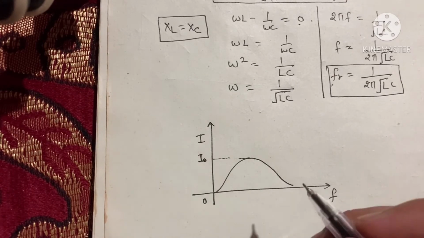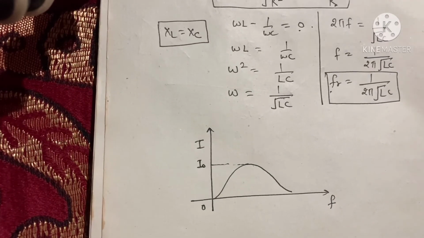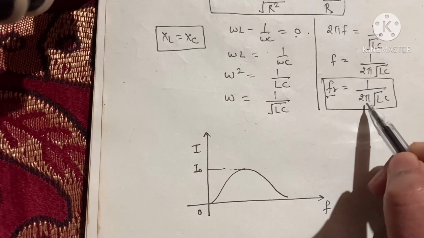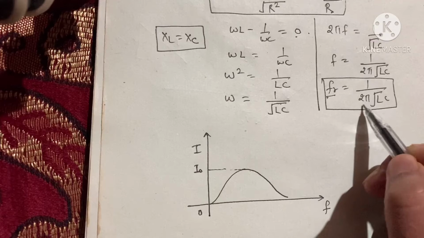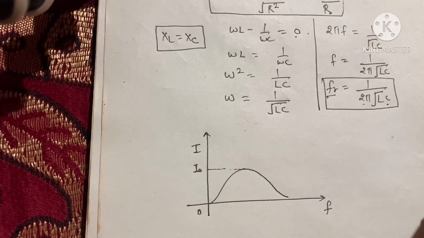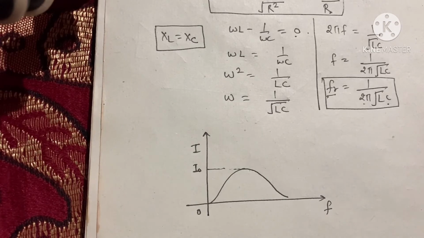Okay, and now students, look at the formula for resonant frequency. Here you will not get resistance: 2 pi under root L into C. Resistance is not there. It means the resonant frequency does not depend on resistance.